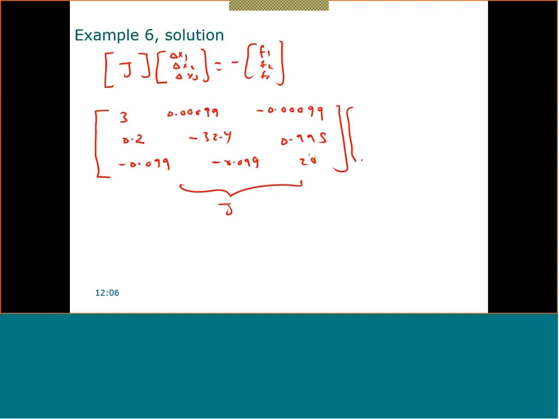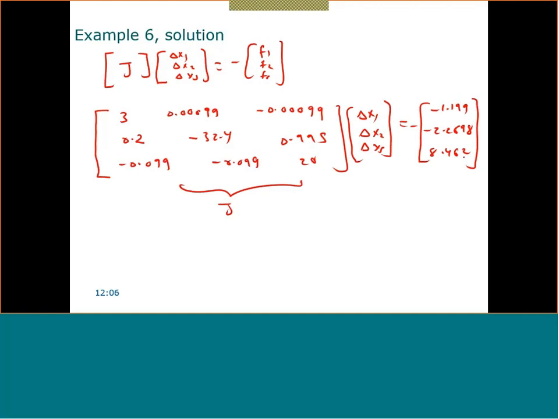This is my variables, delta x1, delta x2, delta x3, and this is equal to minus f1, f2, and f3, and if I substitute, this is equal to minus 1.199, minus 2.2698, and 8.462.